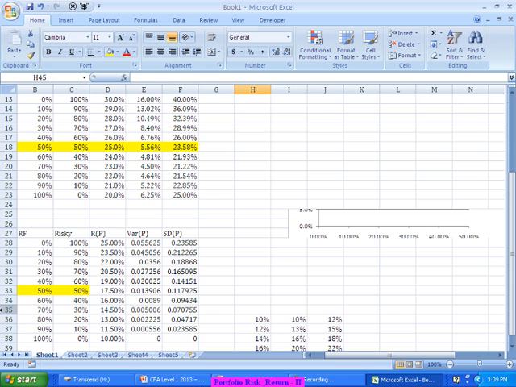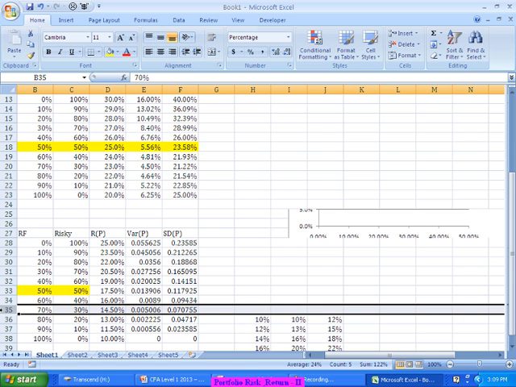So if this is the scenario, what does that mean? 70% of my total money I have put in risk-free, probably bank deposits or government securities kind of stuff. 30% of my money I gambled in the risky portfolio, and that 30% I have gambled in such a way it is 50-50 in both A and B. So overall 15% of my money I have put in A and another 15% in B. If that is the scenario, my overall risk is 7.07%. Overall return is 14.5%.